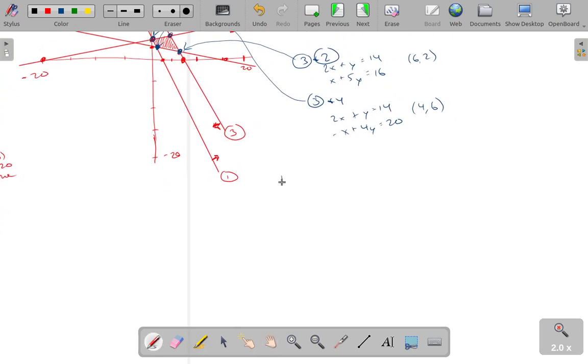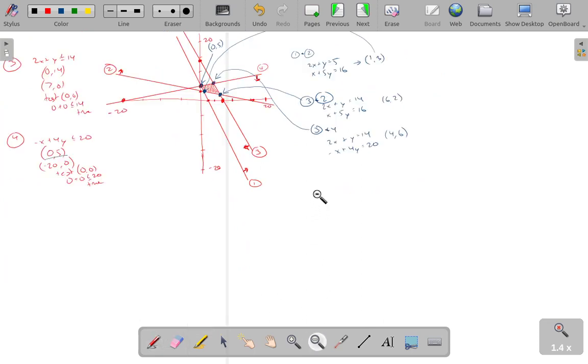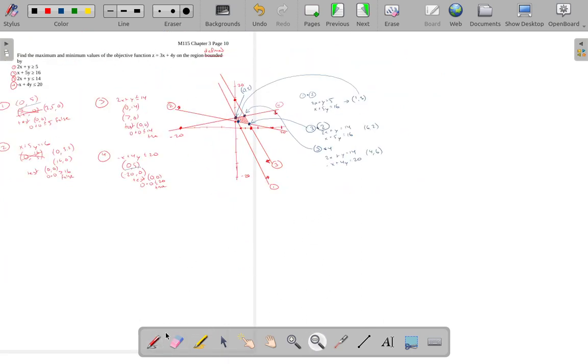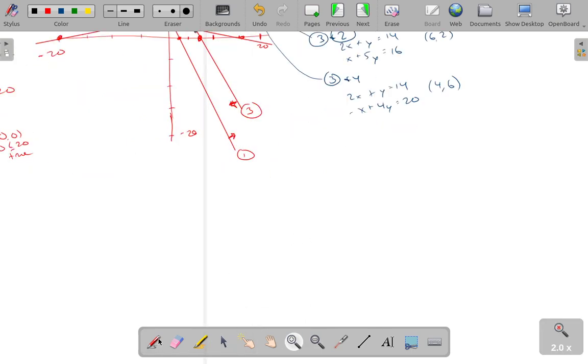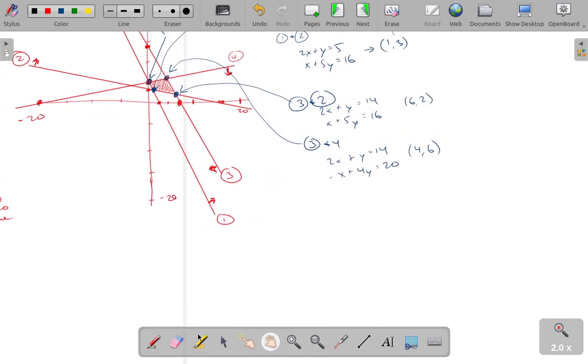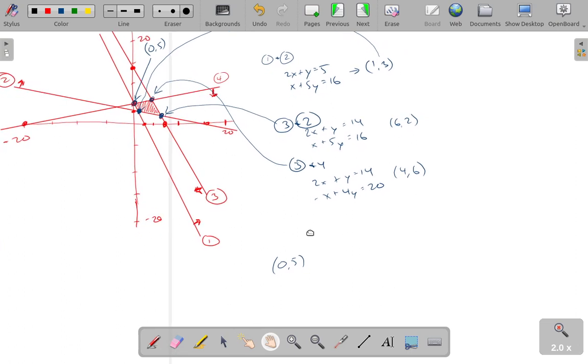So that means now I can test these 4 corner points with my objective function. So let me restate what my corner points are here. I have 0, 5. That was this intersection, or the intercept of the 2 lines.